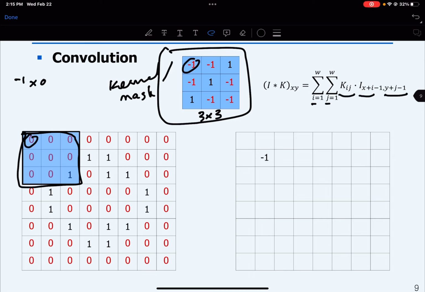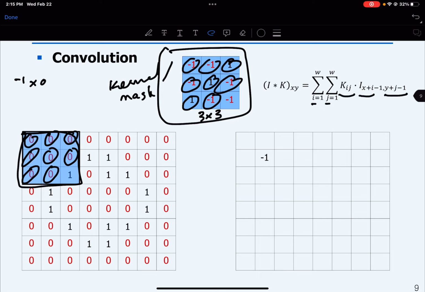this and this, then this part again 0, this will also become 0, this will also become 0, this will become 0, and this will become 0. Again this part becomes 0, this part becomes 0.